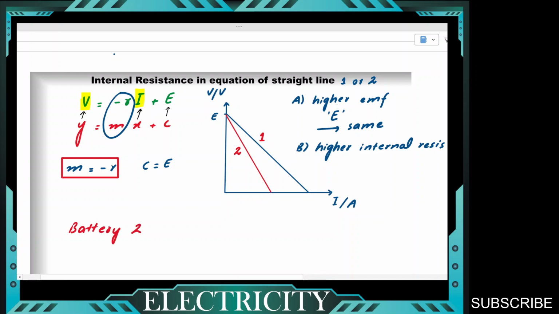So battery 2 has higher internal resistance, as it has higher gradient.